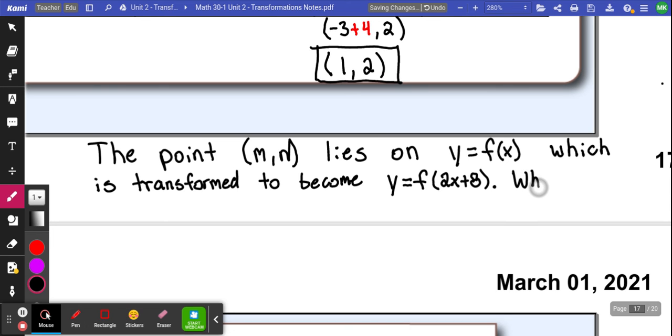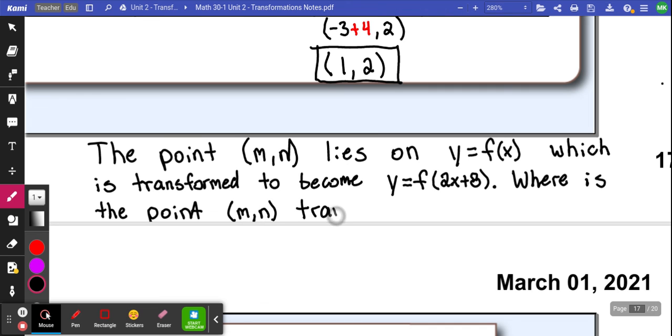We would say determine where the point mn is transformed to.